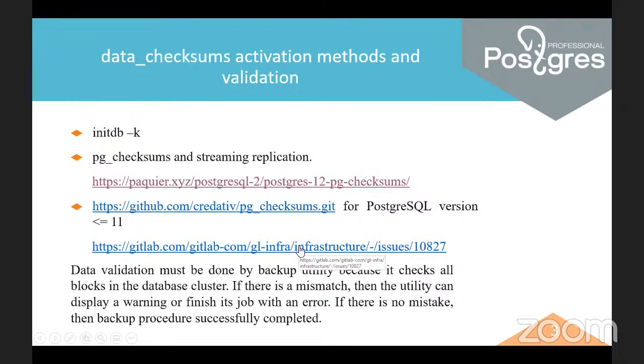And why is it important? Suppose you have a query and it needs to read some data from the disk. These data pages are extracted from disk and placed in the shared buffers, the data page cache for every Postgres backend. And then it calculates the checksum of the data page content and compares it with the checksum stored in the page header.